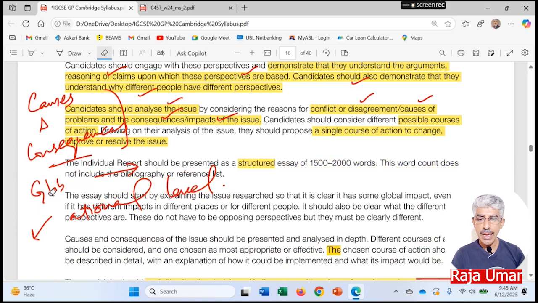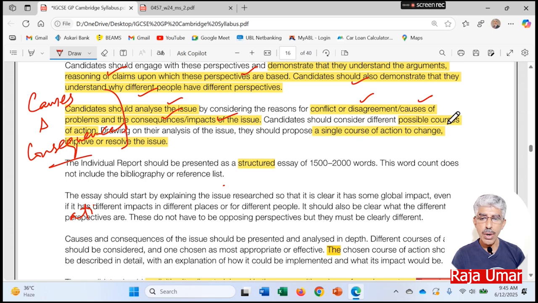Now it should have possible courses of action. For example, if in the whole report you are explaining four solutions to the issue or the problem, then what should be the next step?